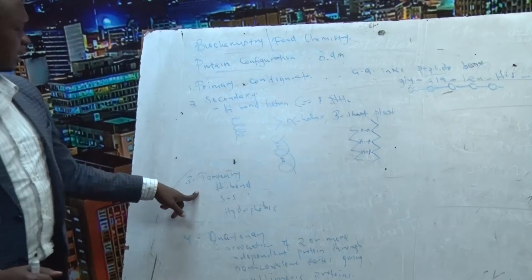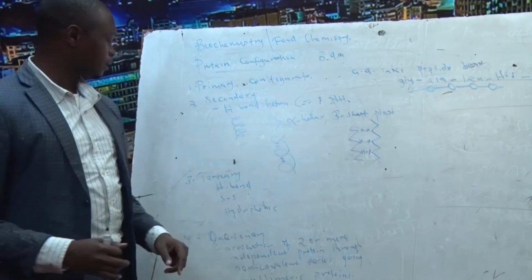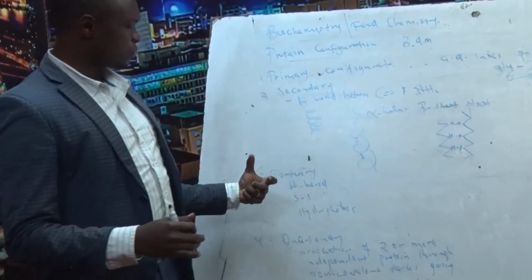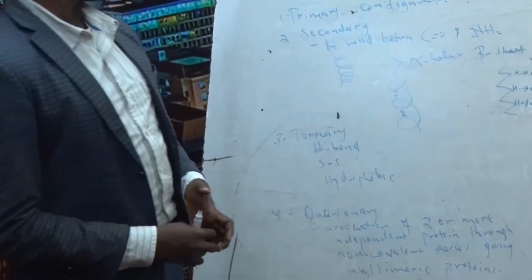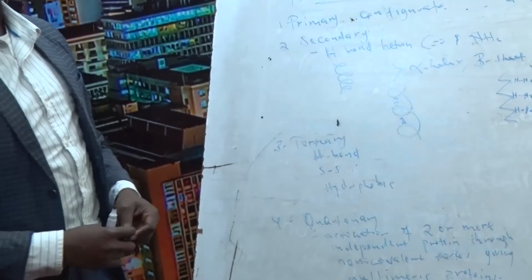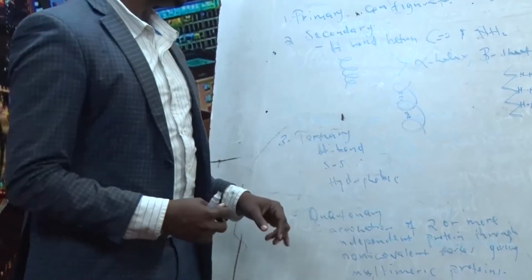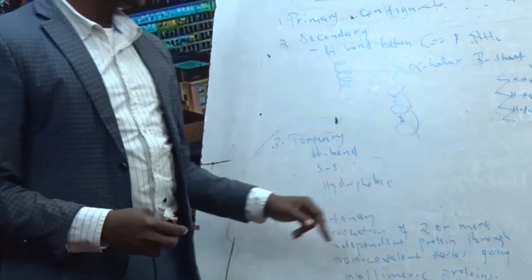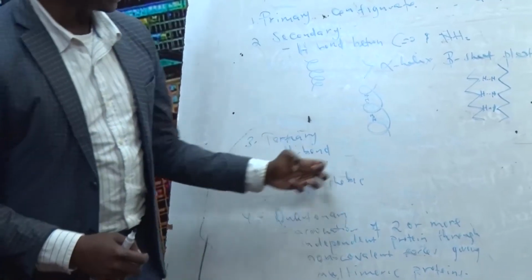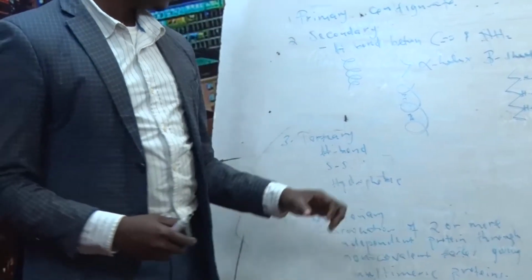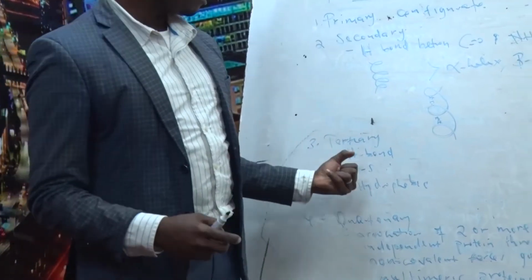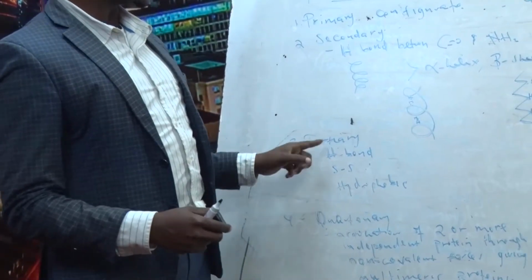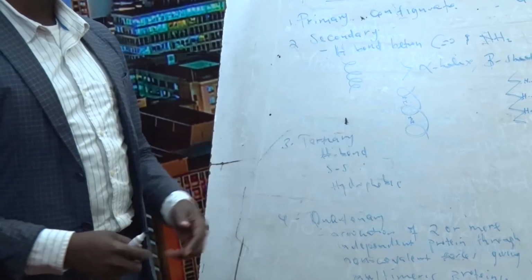Number 3, we have the tertiary conformation. In tertiary conformation, we also form a three-dimensional structure of protein. It is formed through hydrogen bonding, disulfide bonding, as well as hydrophobic linkage. That gives us the structure we call the tertiary conformation.